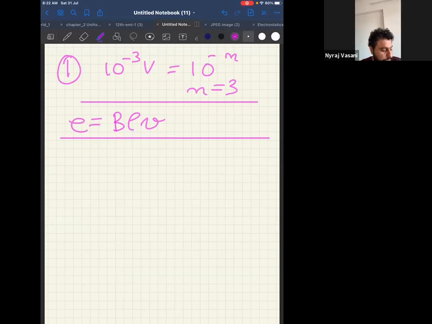See here, they have said that they connected a millivoltmeter and some reading is coming, 10 power minus n. In that, I have to find n.